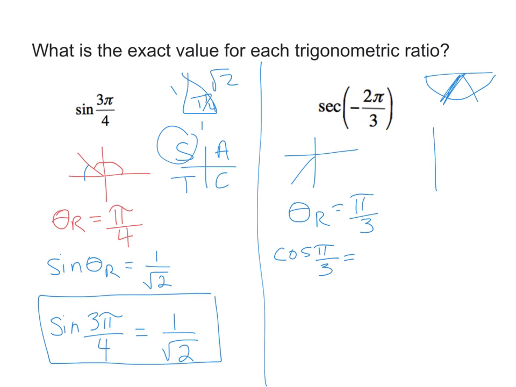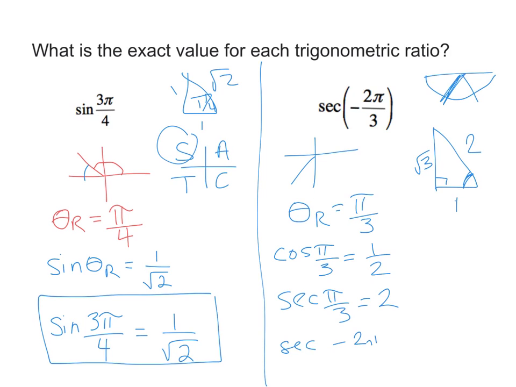So we need the 1, 2, root 3 triangle, and pi over 3 is down here. So the cosine is adjacent over hypotenuse, 1 over 2. Which means the secant of pi over 3 is 2 over 1, or 2. Then we just need to look at the secant of negative 2 pi over 3.